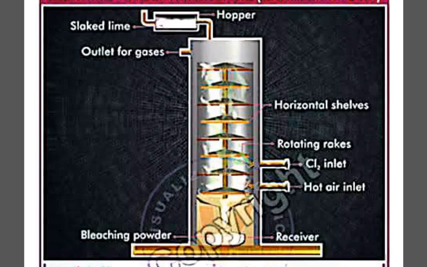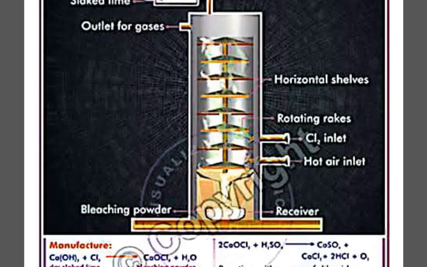Then the slaked lime and chlorine gas come in contact, and at the bottom where the receiver is, the bleaching powder is obtained. From this inlet the chlorine gas is added, and ultimately after the reaction is completed, the bleaching powder, calcium oxychloride, is produced here.